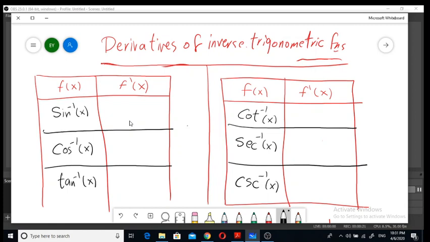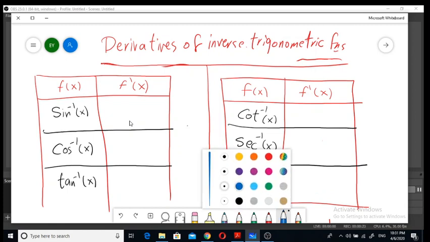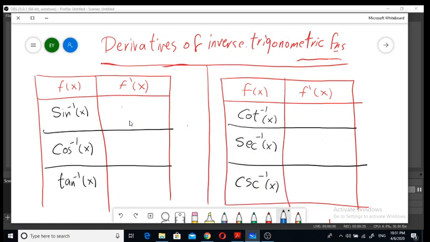First, if we have arc sine, or we can say sine inverse of x, the inverse trigonometric function of sine, or arc sine of x.